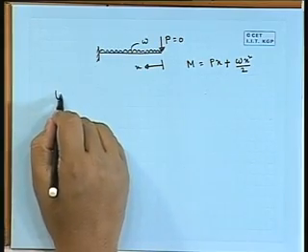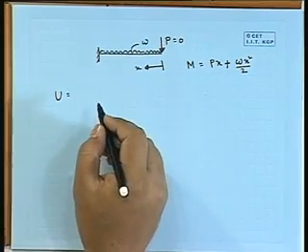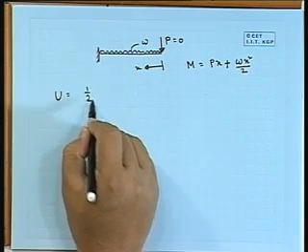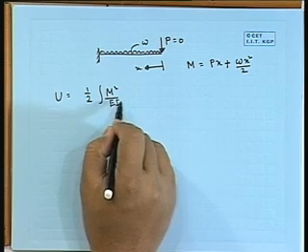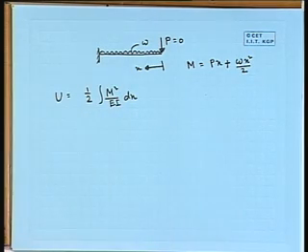So, our u is equal to half integral of m square by EI dx, that part we know.